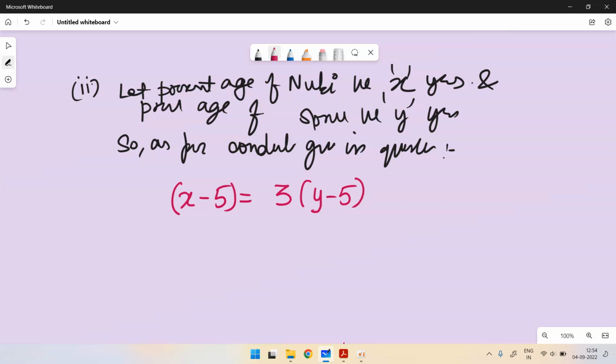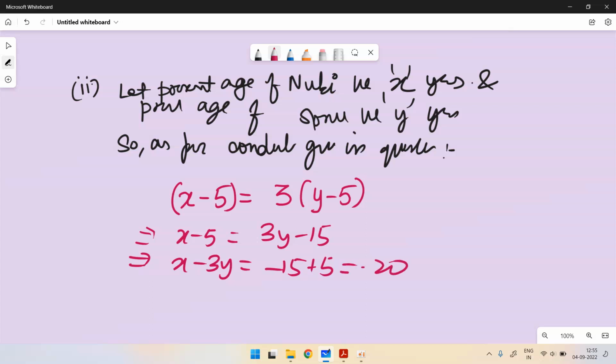So x minus 5 equal to 3 times y minus 5, which is 3y minus 15. Taking terms across, x minus 3y equal to minus 15 plus 5, nothing but minus 10. This is your first equation from the first condition.